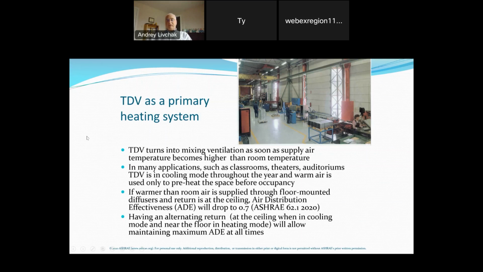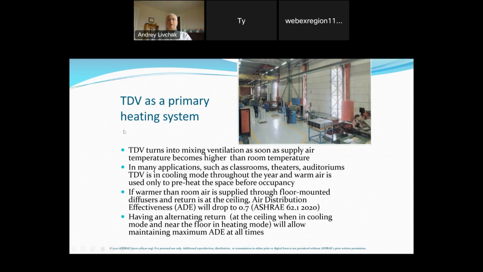We found there is actually not much difference in temperature stratification in the room with both systems, because even though the air from the diffuser rises, the diffusers started creating circulation zones in the space that allowed mixing of warm air with room air with fairly high efficiency.